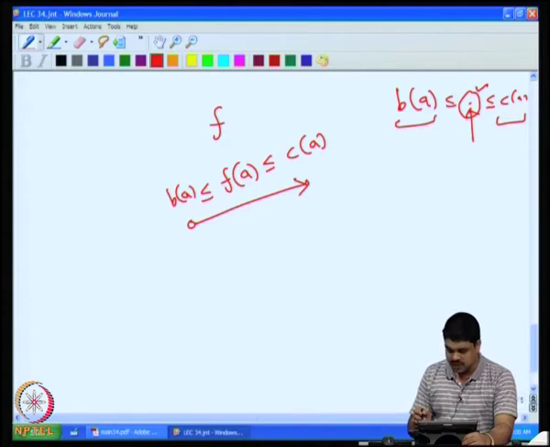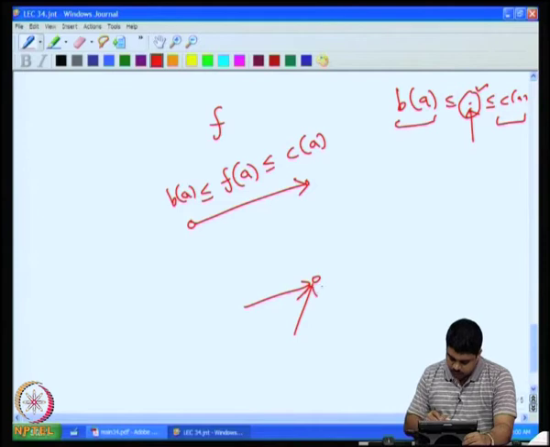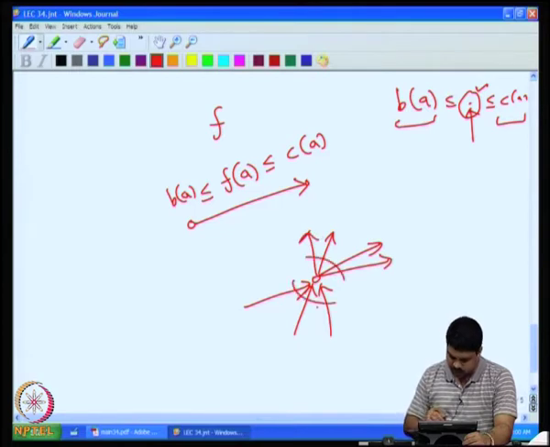For a circulation, what is the condition? For each vertex, the sum of the flow on the incoming arcs has to be equal to the sum of the flow on the outgoing arcs, right. This should be equal to this.